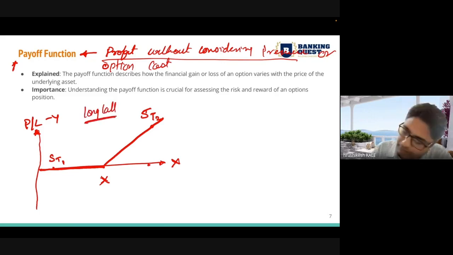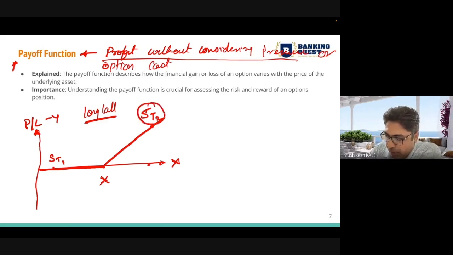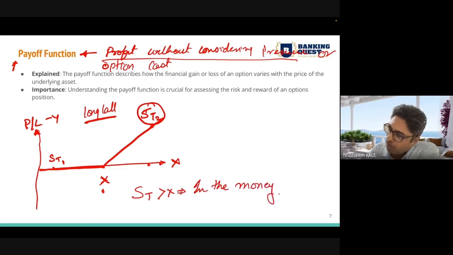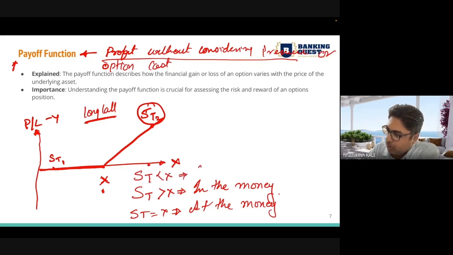Now, guys, please understand one thing here. For a long call, if your ST is greater than X, that is today's price is greater than X, then you are in the money. If ST is equal to X, then you are at the money. If ST is less than X, then you are out of the money.